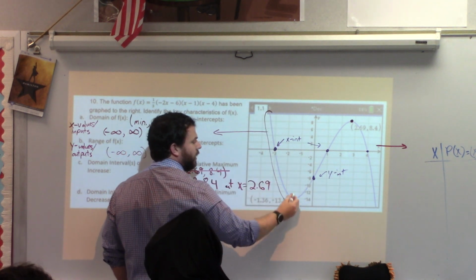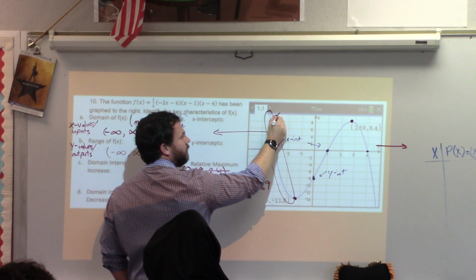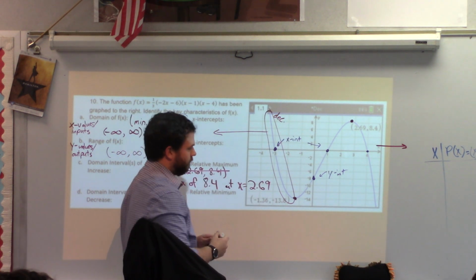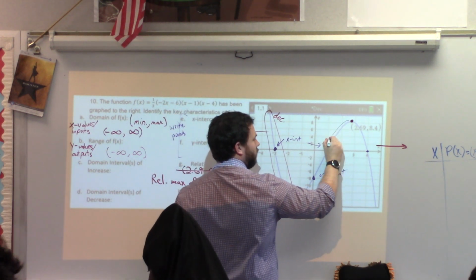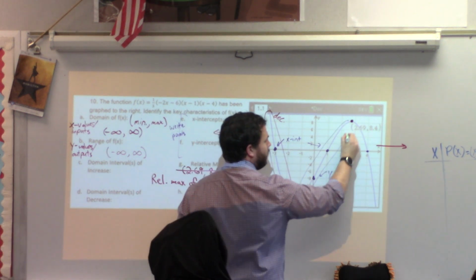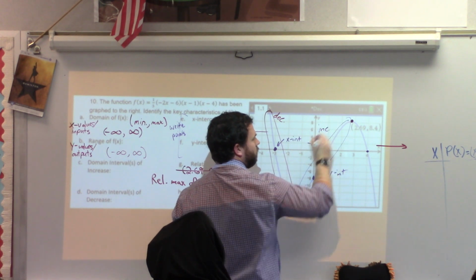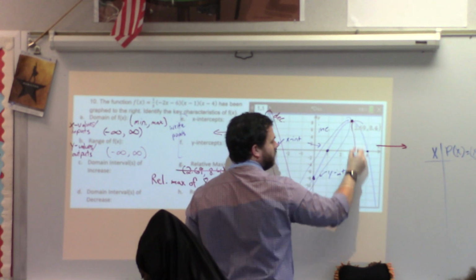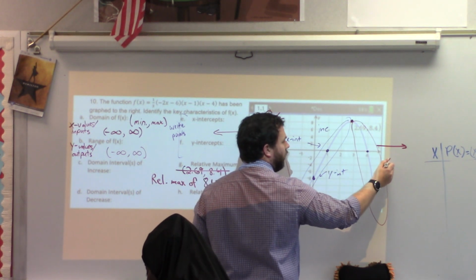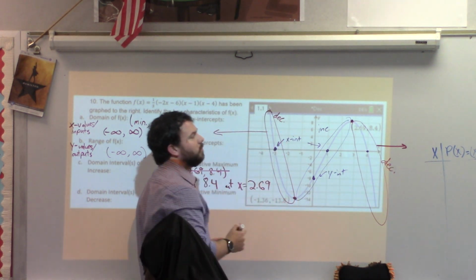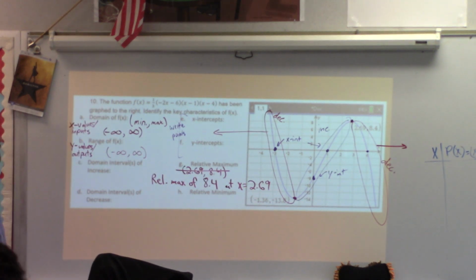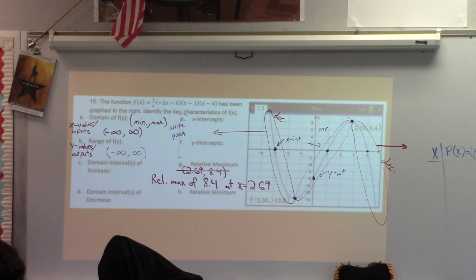So couldn't I, as part of my evidence, circle and write that it's decreasing here? And then what does it do after that? Starts increasing, all the way to this relative maximum. And then it decreases again. That's a lot of important evidence. You're showing me that you at least understand where it's increasing and decreasing, even if you don't get the notation correct.